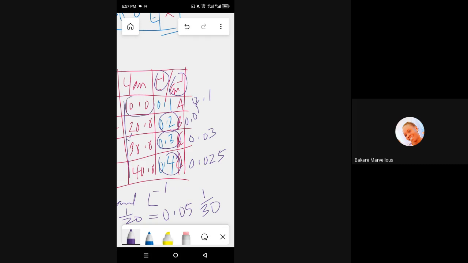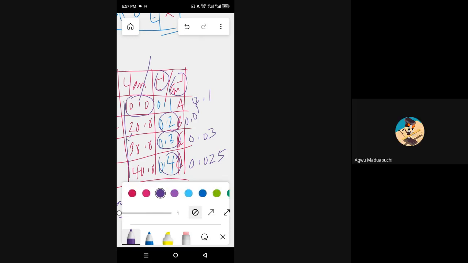How many significant figures is this? 2. Let me use another. Can you see this one that I circle with green ink? Yes, sir.